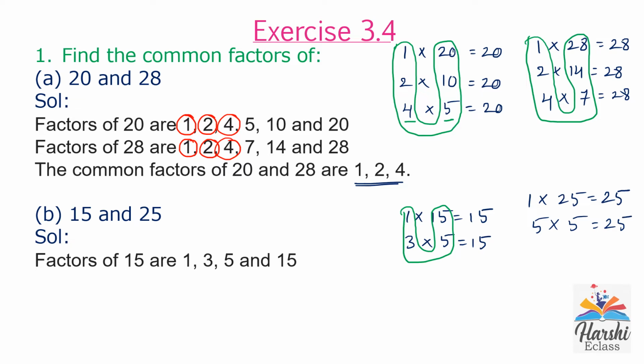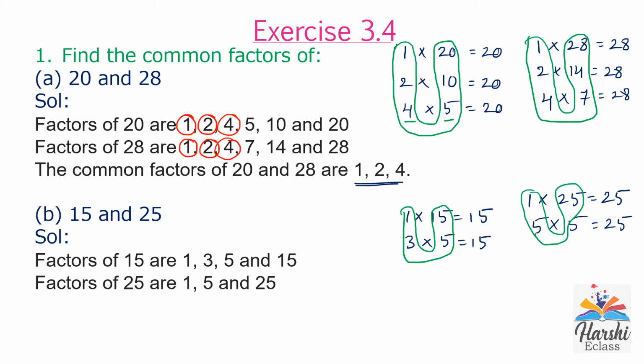After that 25 1s are 25. So the factors of 25 are 1, 5 and 25.